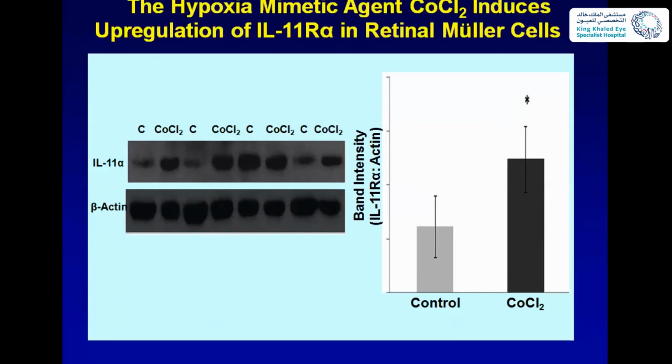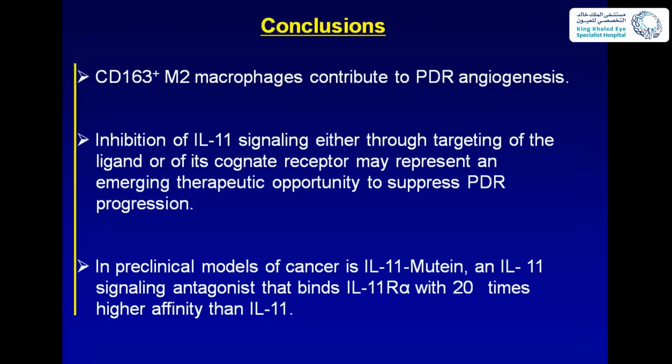And I'm talking about the receptor. When we do the Western blot, we found that the level of the receptor treated with cobalt chloride is increased significantly. Now the conclusion is that, because we have seen the marker CD163 of M2 macrophages, its expression is high.